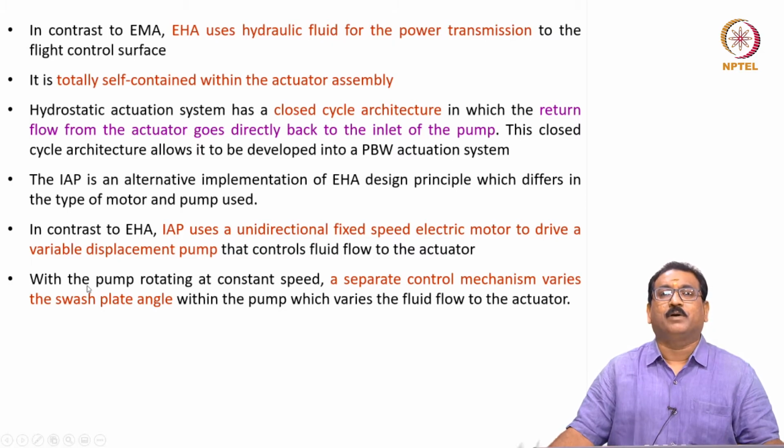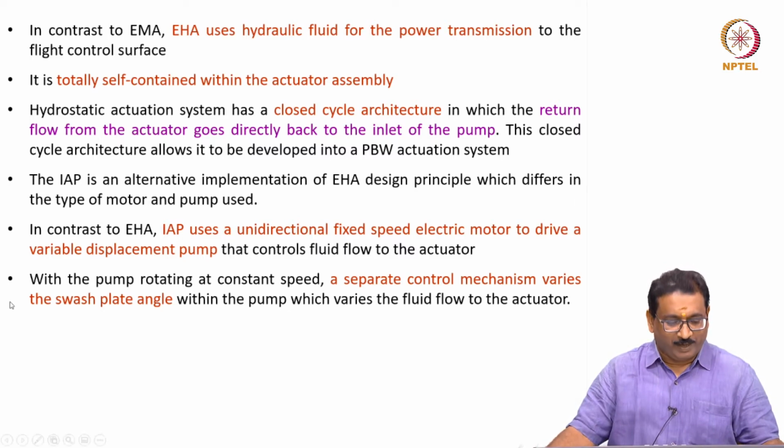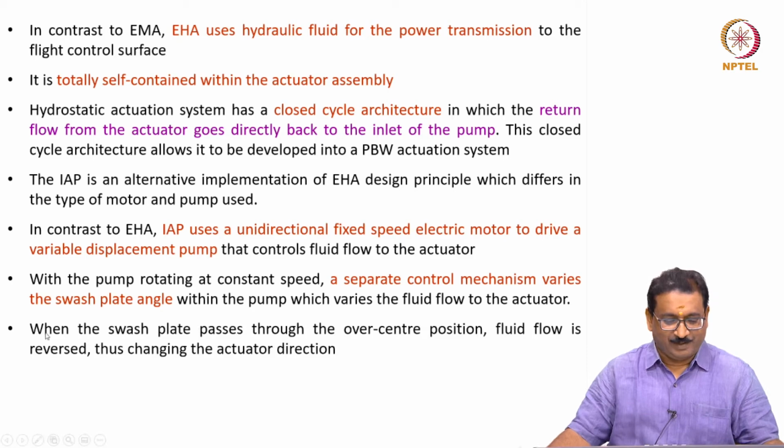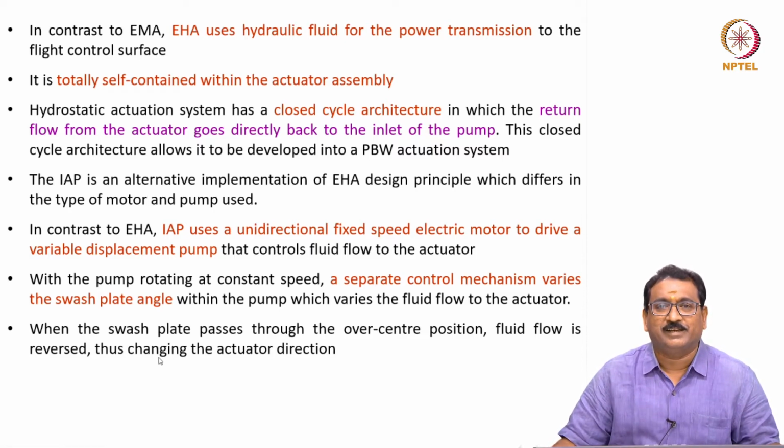With the pump rotating at constant speed, a separate control mechanism varies the swash plate angle of the piston pump, which varies the fluid flow to the actuator. When the swash plate passes through the over center position, the fluid flow is reversed, thus changing the actuator direction.